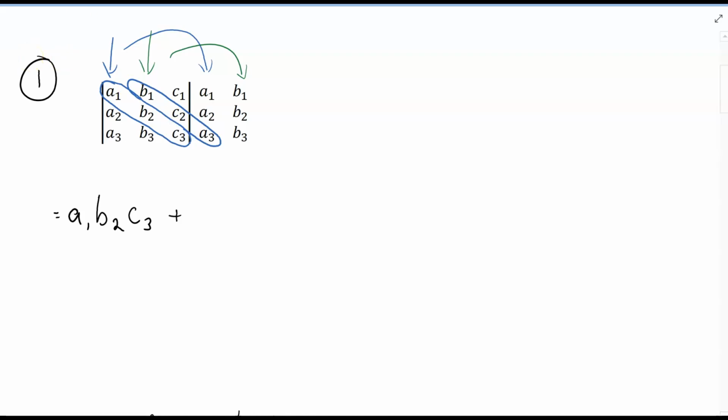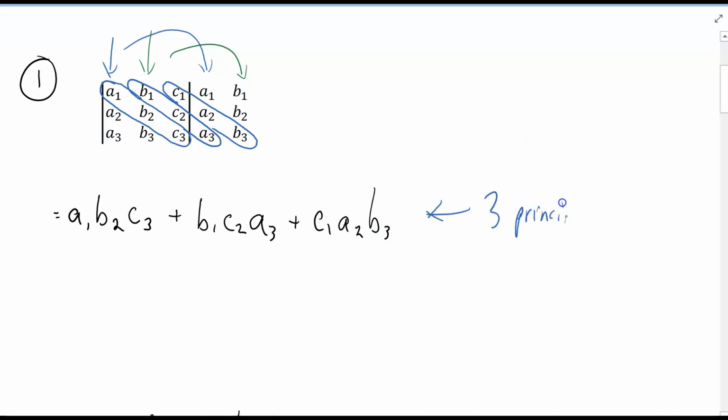So this is B1 times C2 times A3 plus, and we will add to that the product of the third principal diagonal. So that is C1 times A2 times B3. These are the three principal diagonals. And remember, we are multiplying A1 times B2 times C3, etc.